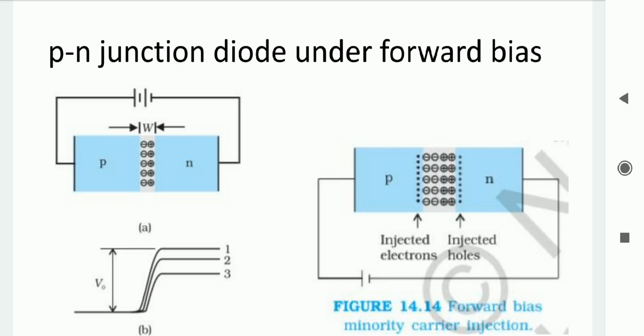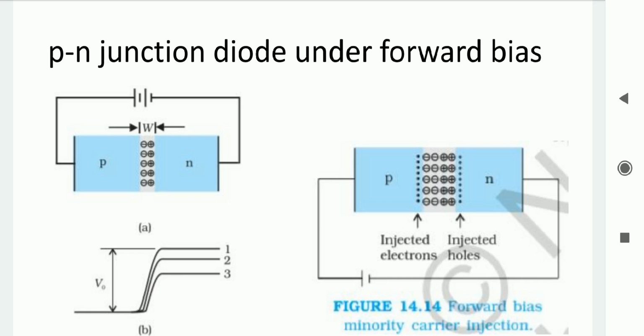So this process in forward bias is known as minority carrier injection, because electrons move from the n side to the p side, and in the p side electrons behave as minority carriers. Likewise, holes in the p side transfer towards the n side, and holes are minority carriers for the n side. So this process is known as minority carrier injection.